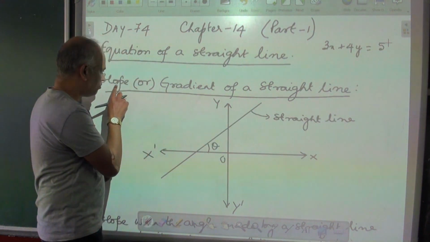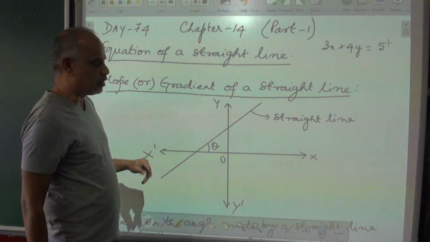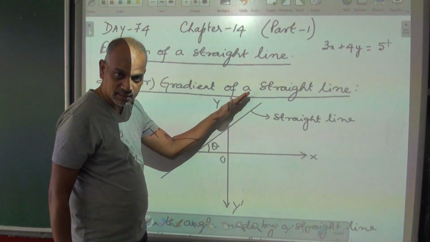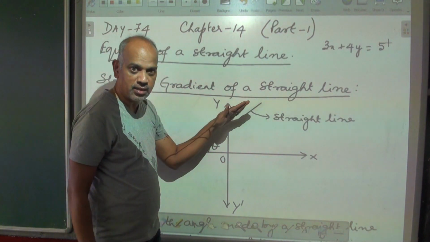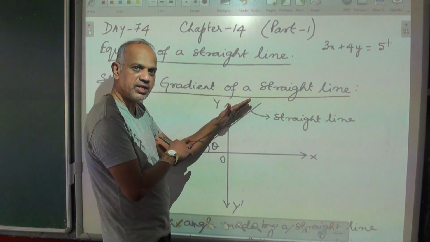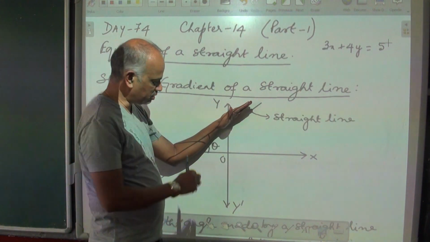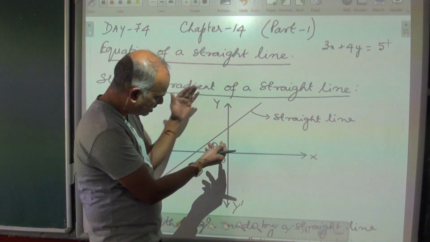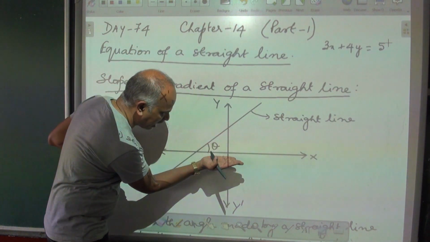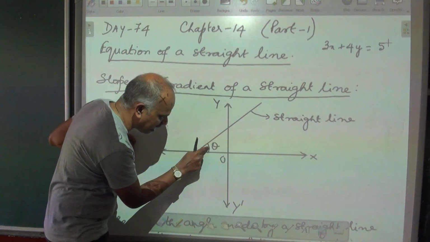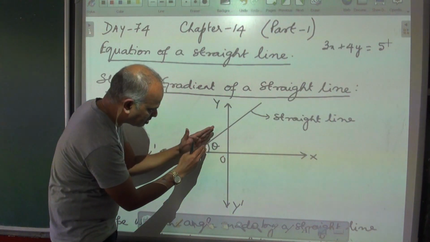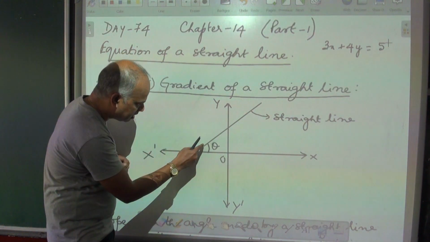So again, if you have to find slope, you have to know the angle made by the straight line with the x-axis, and that angle should be on the positive direction of the x-axis, which means the angle should be on the right side of the line. So the angle made between the line and the x-axis, this is the angle. This angle is made on the positive direction of the x-axis because it's on the right side of the line.